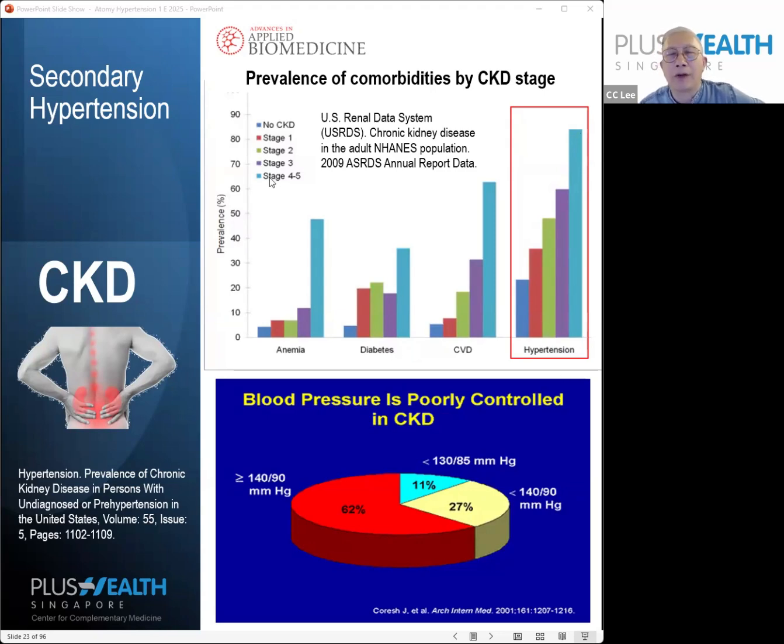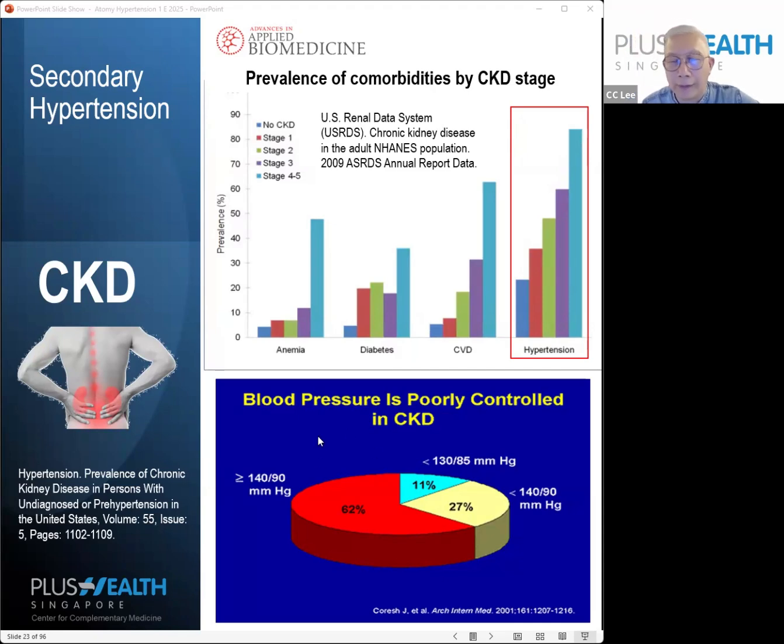Take the example of stage 4 and 5, usually the late stage chronic kidney disease patients. Almost 90% of these patients will suffer from hypertension. If you are suffering from late stage chronic kidney disease, I'm quite sure you will also have a hypertension problem. It comes hand in hand.